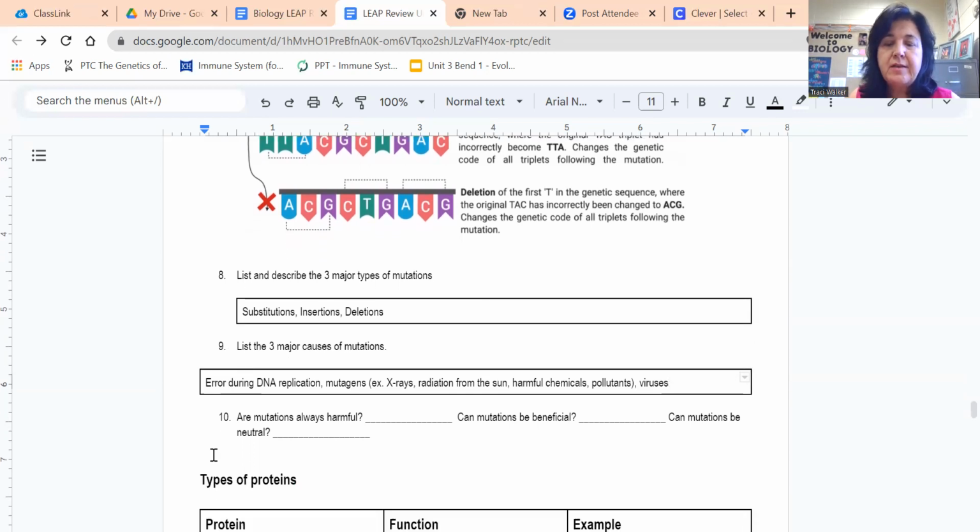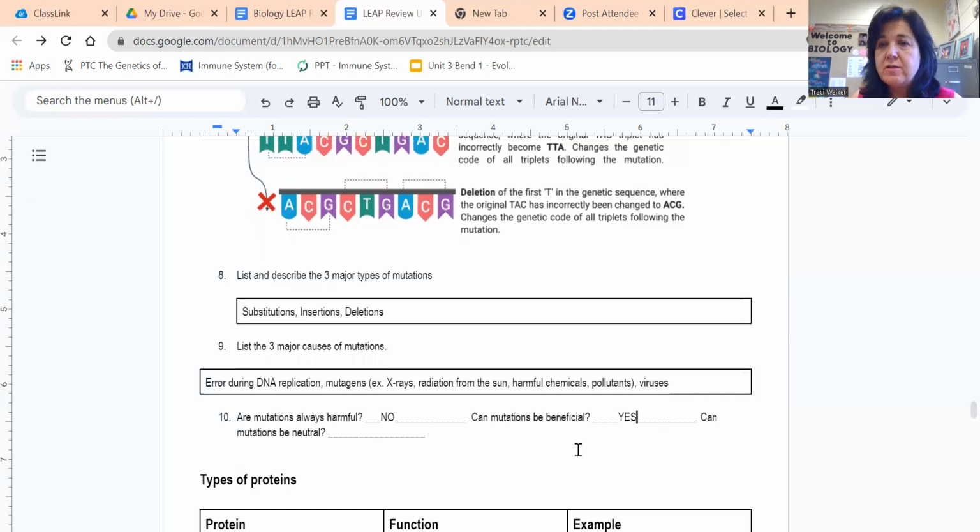Okay. And then the thing about mutations is they are not always bad. So mutation, that word kind of makes you think, oh, that's bad. But are mutations always harmful? No, they're not always harmful. Sometimes they are actually beneficial.